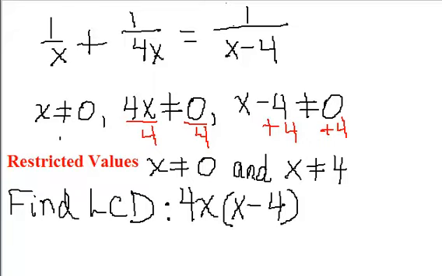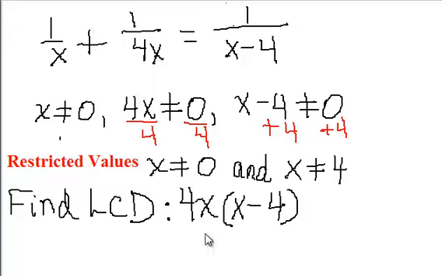So in order to link those two terms together and indicate that they represent a single factor, I put parentheses around them. So notice my least common denominator. This is the expression that each denominator will divide into evenly. The least common denominator is 4 times x times the quantity x minus 4.